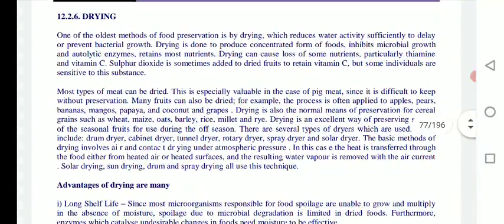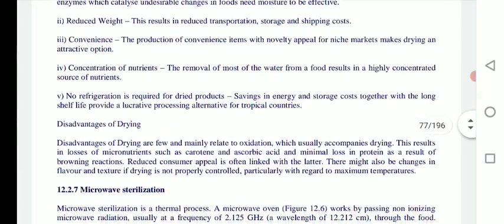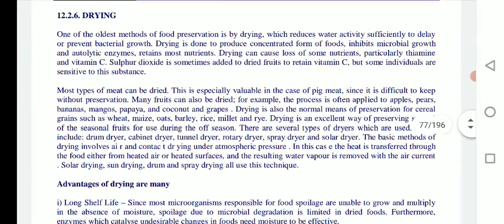So then drying is another method of preservation of food. So here we simply dry foods, and after drying the moisture content gets evaporated, and we can keep this food for a longer time. One of the oldest methods of food preservation is drying, which reduces water activity sufficiently to delay or prevent bacterial growth.